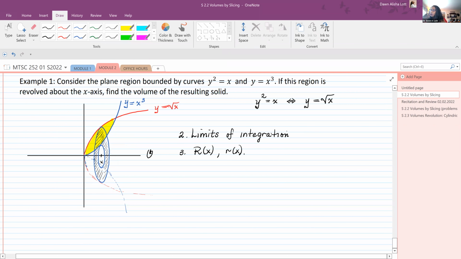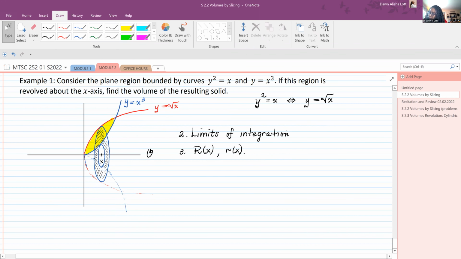So the limits of integration, well, I clearly know from the picture I'm starting at 0. The question is, I'm going all the way up to this point. So I need to know what this tick mark is. I'm going up to there. So my washer starts all the way down at 0, and then it pushes through all the way up to that point.